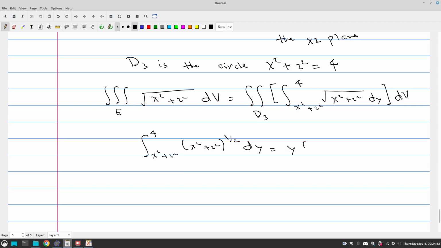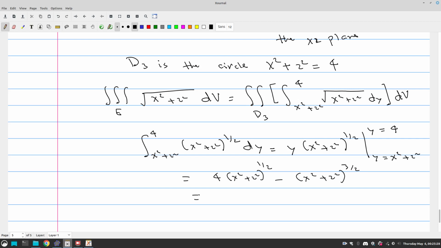This is equal to y times x squared plus z squared to the power of half, where y goes from x squared plus z squared to 4, and you should end up with 4 times x squared plus z squared to the power of half, minus x squared plus z squared to the power of 3 by 2.